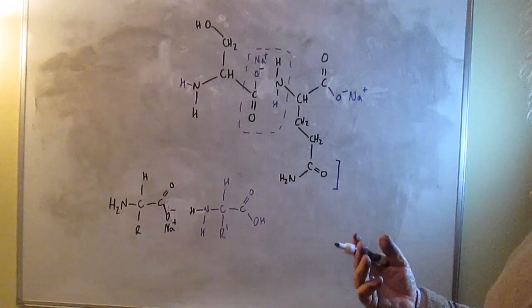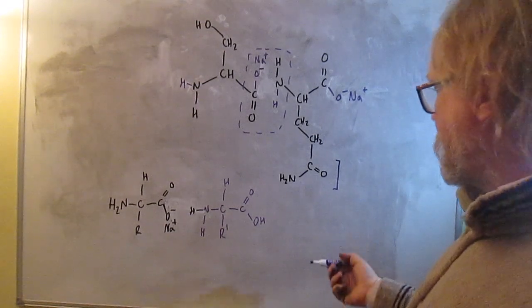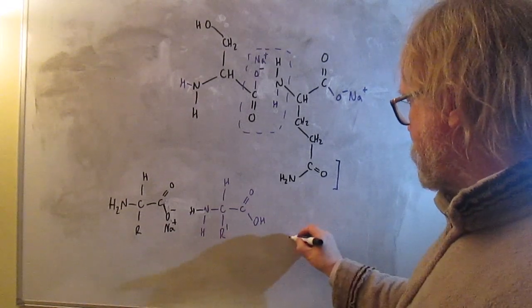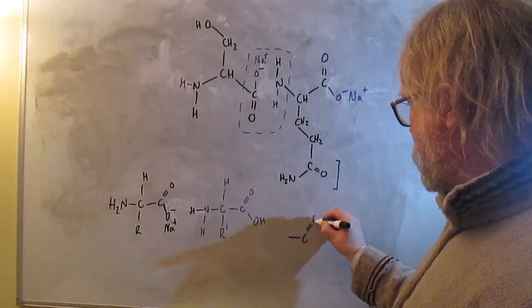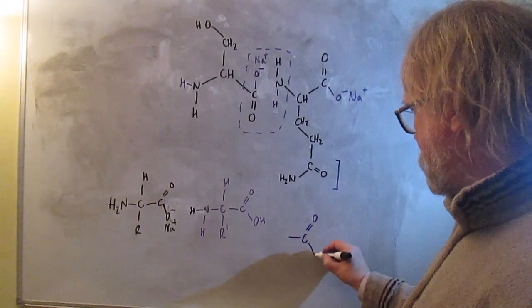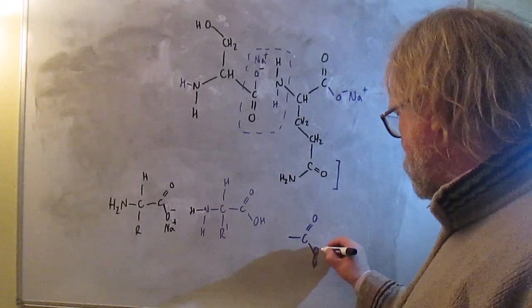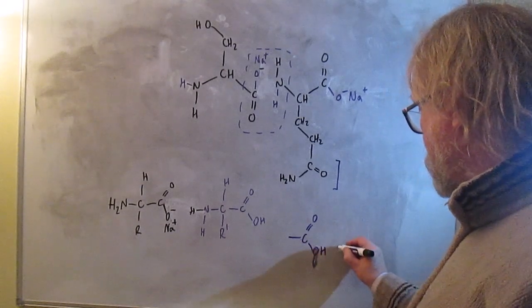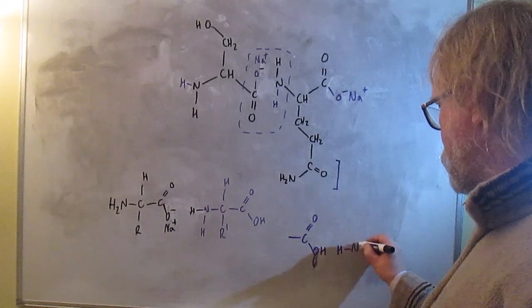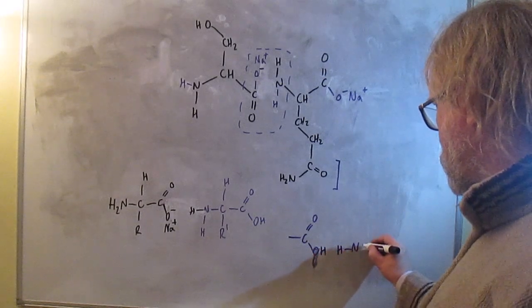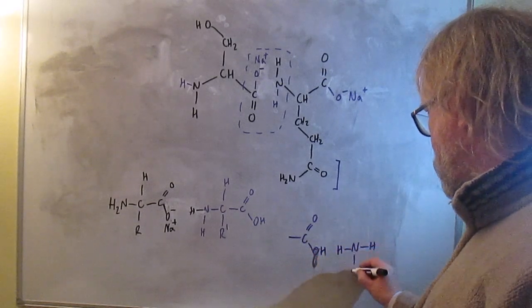This time it's a primary amide rather than a secondary one, but it's the same idea, that you can imagine a primary amide being made from a carboxylic acid and ammonia, like this.